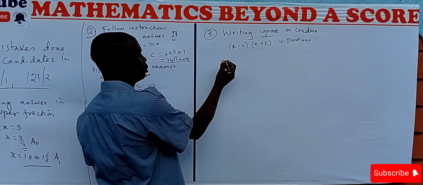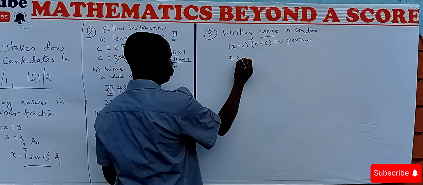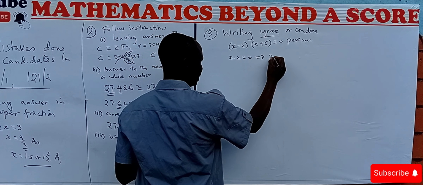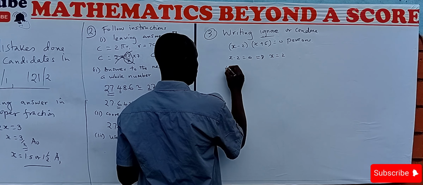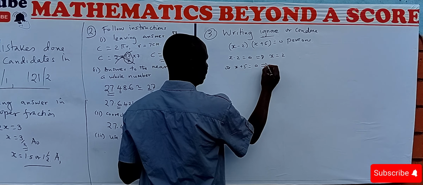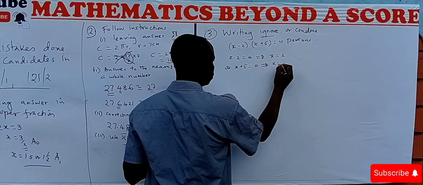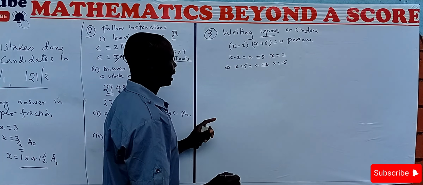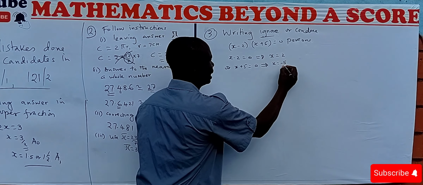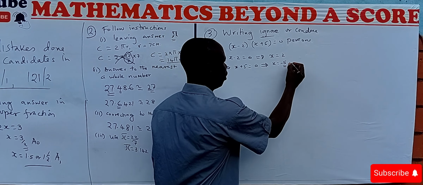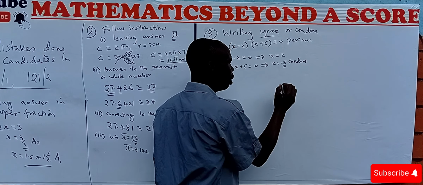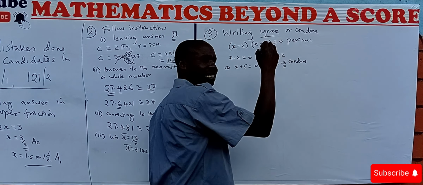Here, a candidate will continue writing x - 2 is equals to 0, which implies that x is equals to 2, or x + 5 is equals to 0, which logically implies that x is equals to -5. If the candidate leaves the two answers like this without writing here, because we don't have negative people, without writing condone or ignore, the candidate will get answers 0.